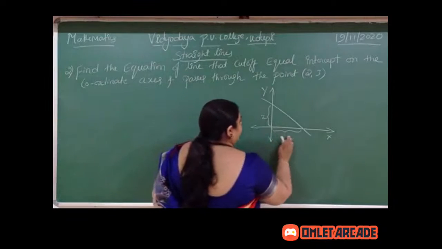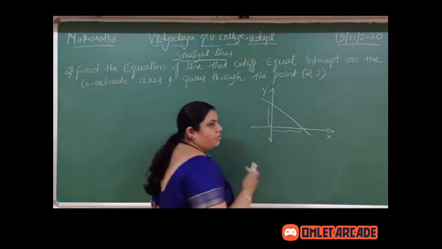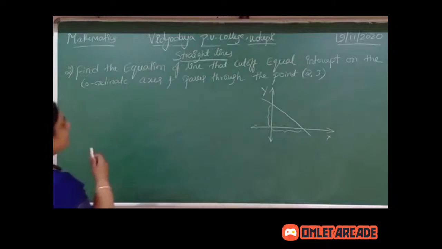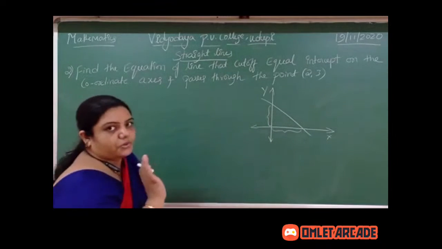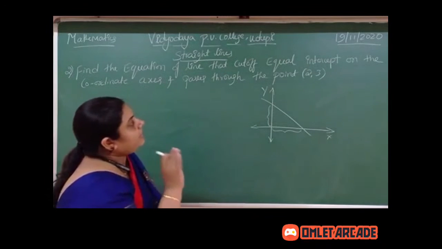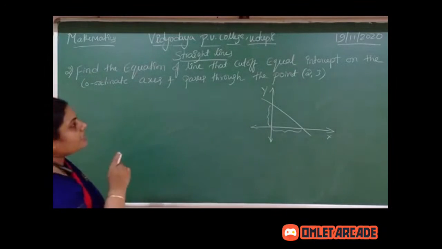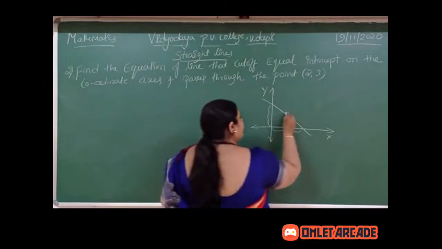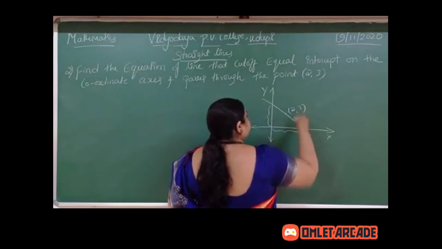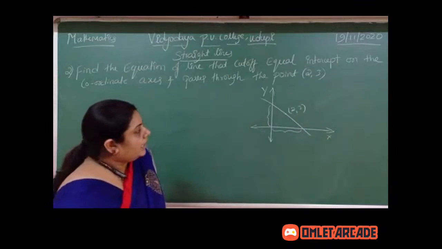Of course, here I don't know whether it is 2 or 3, isn't it? Find the equation of a line that cut off equal intercepts. Only the given is it cuts off equal intercepts on the coordinate axis and passes through the point 2, 3. So one of the points on the line is given, passing through 2, 3.